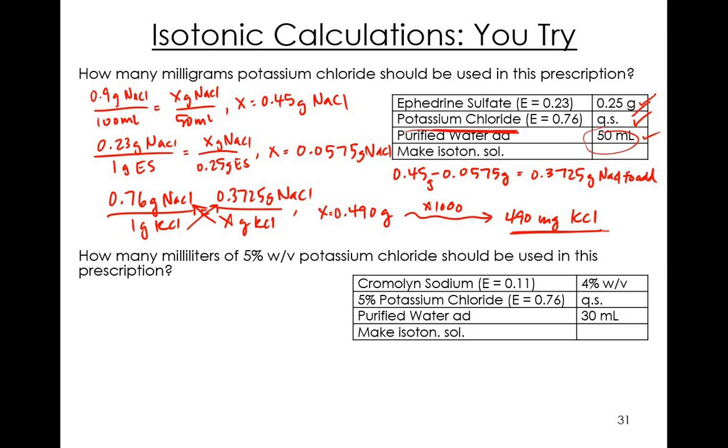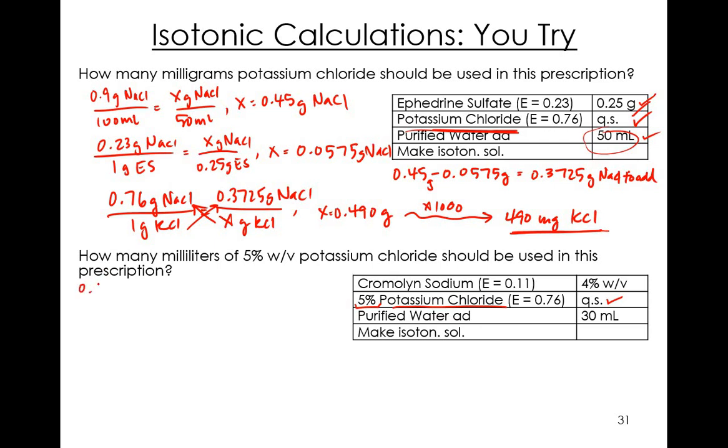Okay, next problem, same kind of thing. We don't want to be thrown off by the fact that we're using potassium chloride as the agent for making the solution isotonic, or that it's a 5% solution that we're using. All of that we'll take care of at the end. At the beginning, we just have to worry about how much NaCl we would add.